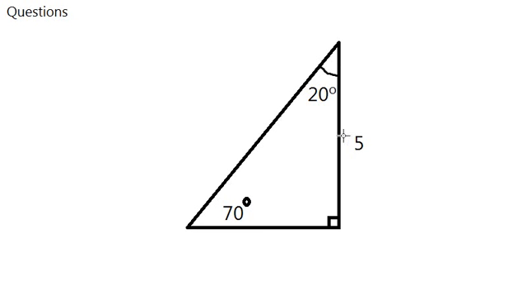So for 5 over cosine 20, we can get 5.32, three significant figures. And so the tangent will be 5 tangent angle 20, and therefore 1.82.